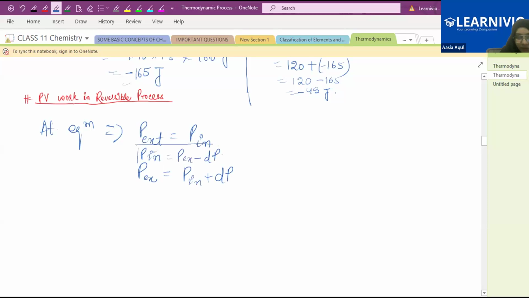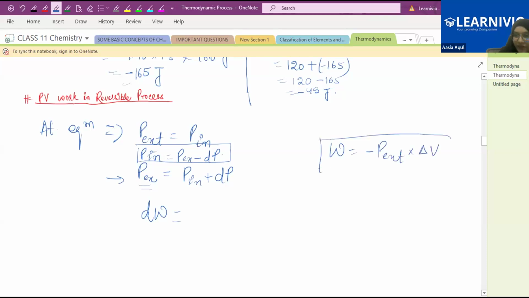After this, you can write this point: P external becomes equal to P internal plus dP. Suppose there will be a small change in the work done. We know the formula of work done: W equals minus P external multiplied by delta V.